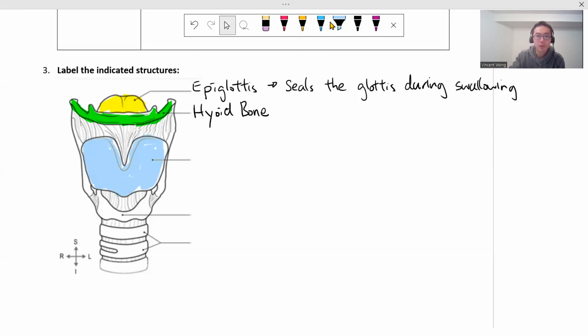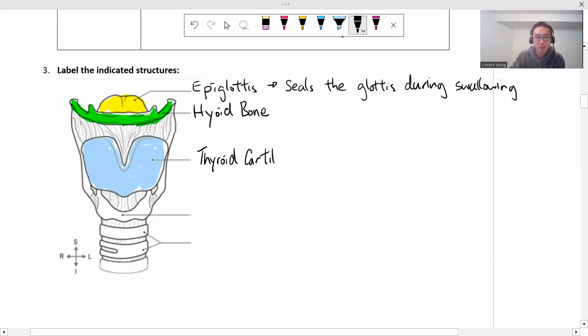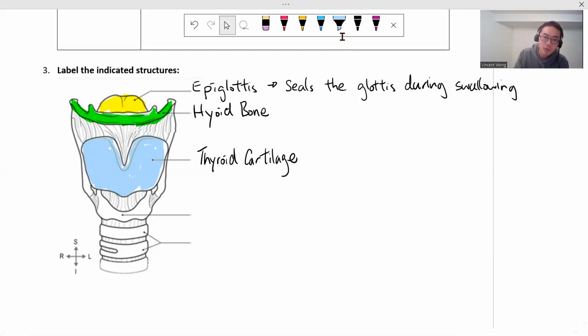This bone is called the thyroid cartilage. It forms the so-called Adam's apple, right? That's the thing here that you can see in men. Females also have the thyroid cartilage, but it's just less prominent.